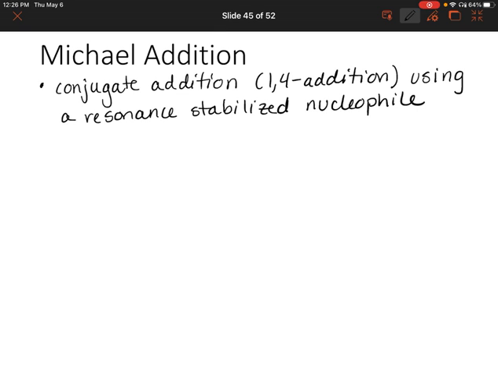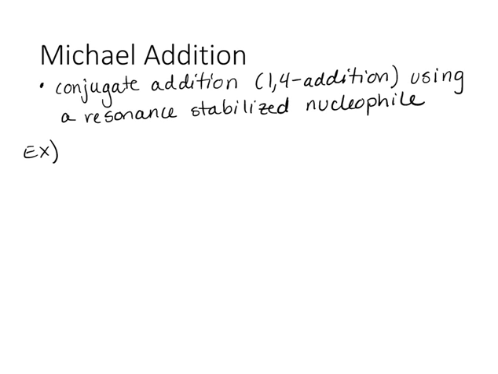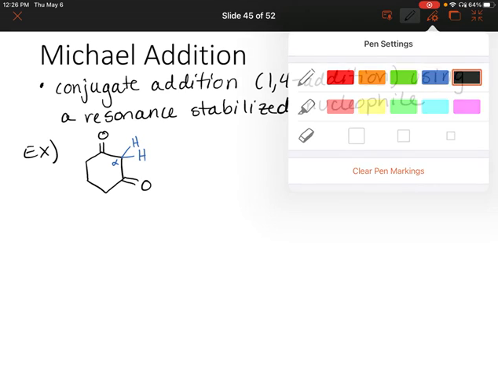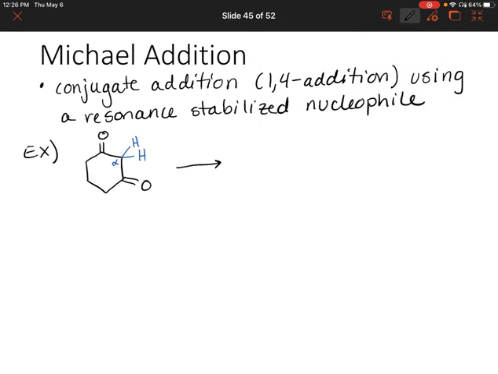Okay, so let's look at an example of Michael addition. So we're going to start with a diketone or a dicarbonyl. And remember that if you have two carbonyl groups, the alpha carbon in the middle has very acidic protons because the conjugate base has two resonance structures, so it's extra stable.